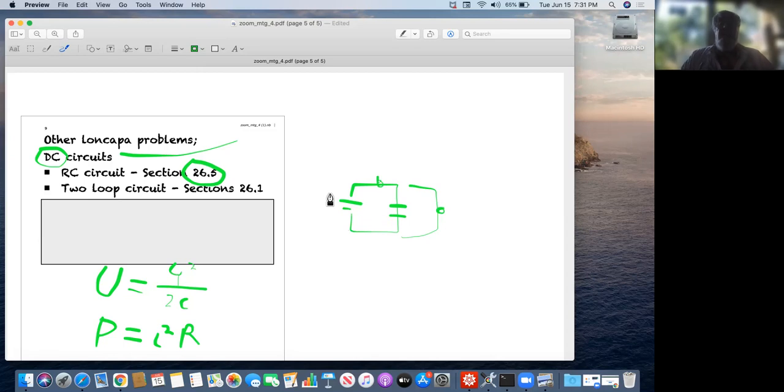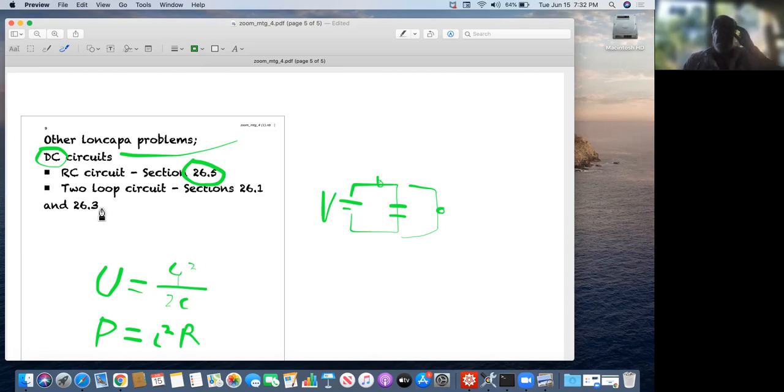And really the only way to do this problem is to use Kirchhoff's laws. So you need to study sections 1 and 3 in chapter 26, which explains Kirchhoff's laws.